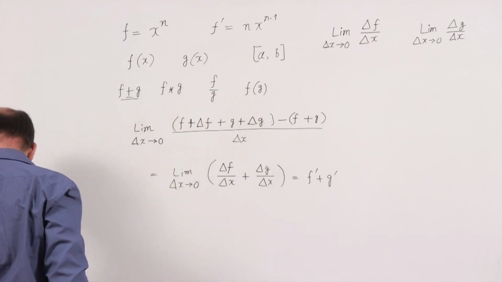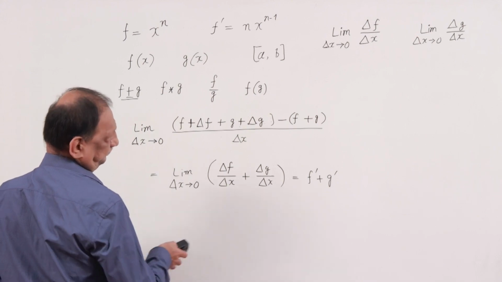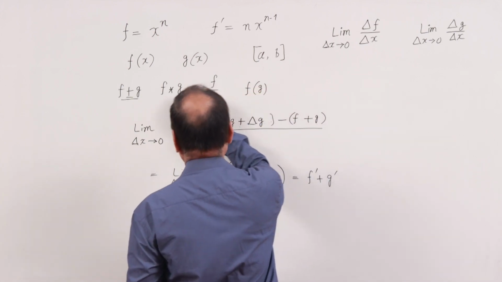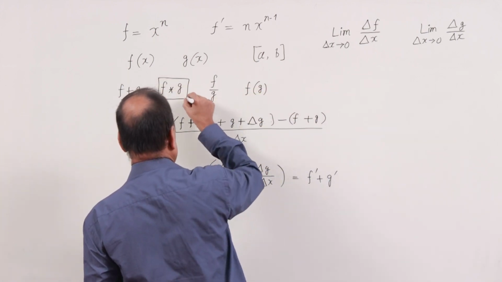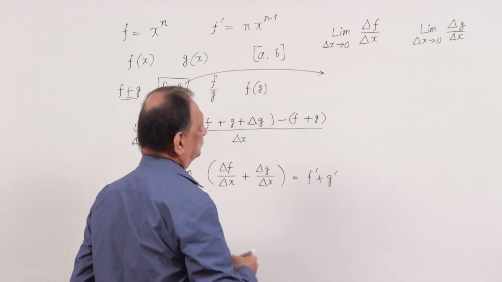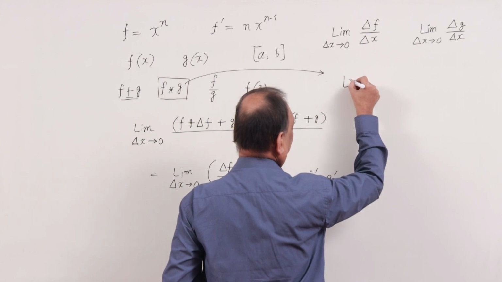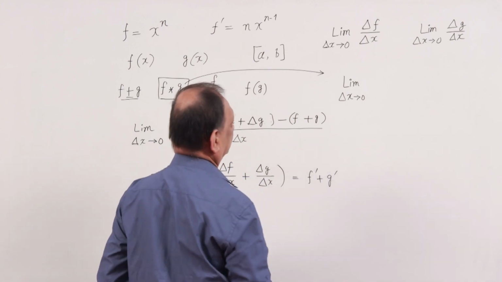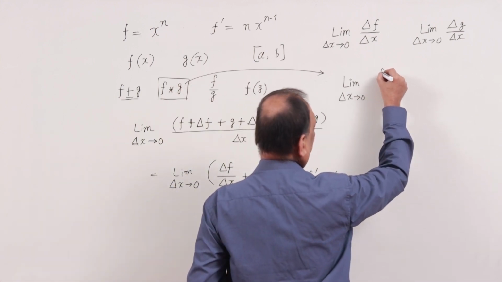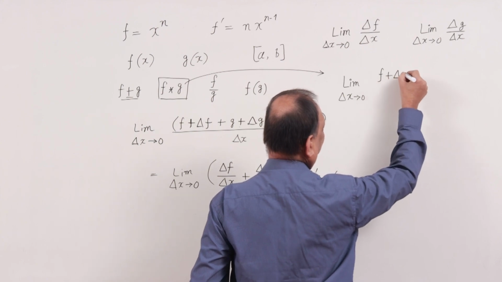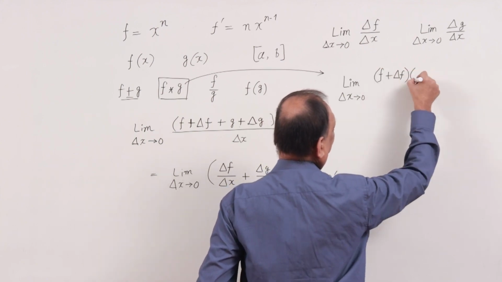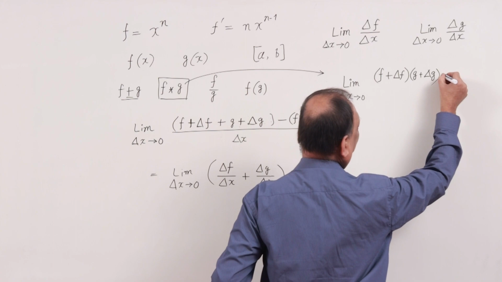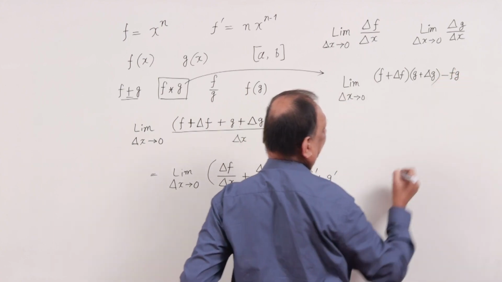f star g and f by g might give you a little bit of trouble, so we'll look at that. So I've got f star g. If I want to derive f star g, write that as a limit as delta x goes to 0. f increases by an amount delta f, g increases by an amount delta g, and the product increases by an amount minus fg.